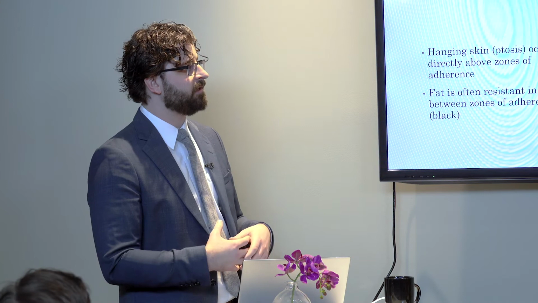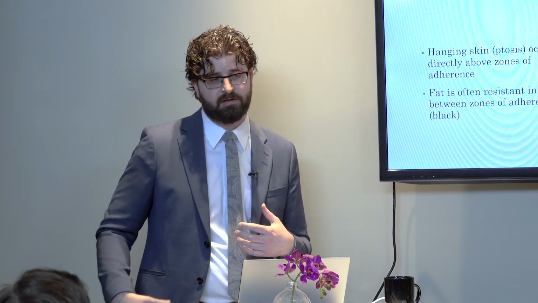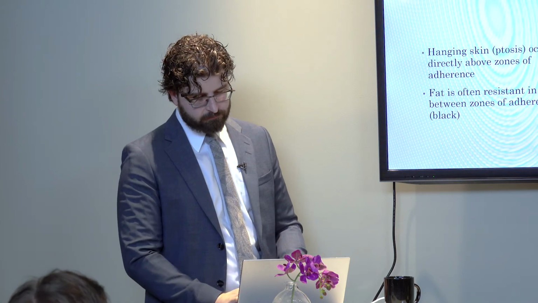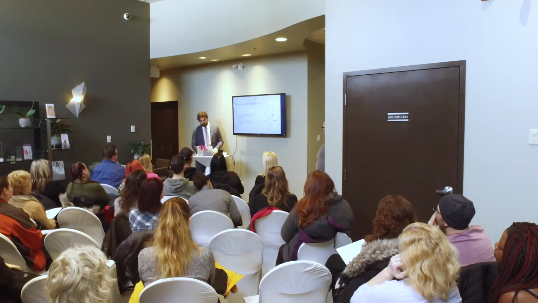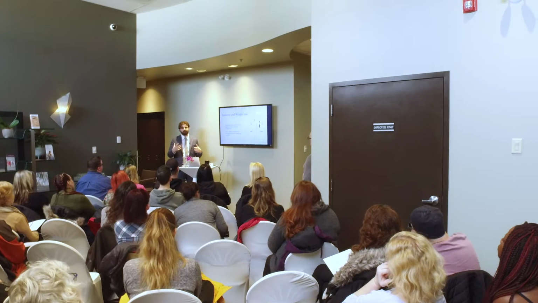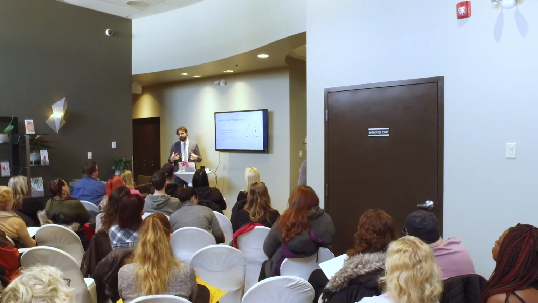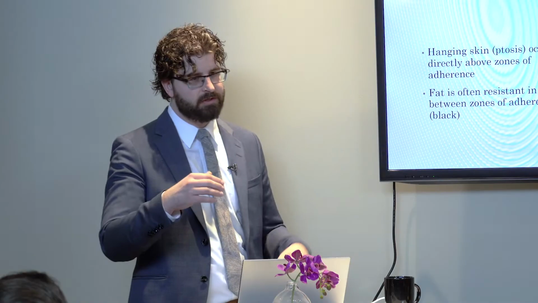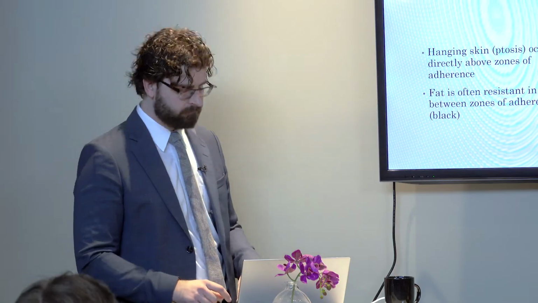Where we see that in females, the great example is the lateral thigh, where we get adherent zones essentially here and above, which gives that saddlebag type of deformity, where you have a low-lying soft tissue redundancy with skin excess and adipose deposits on the lateral thigh, where in men we usually see that in the love handle area, because our adherent zones are a little bit different.